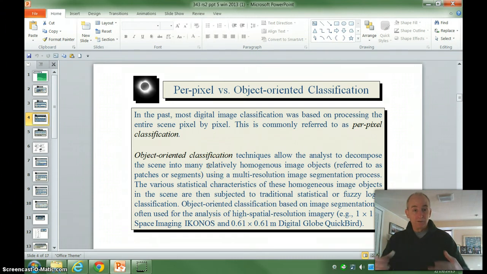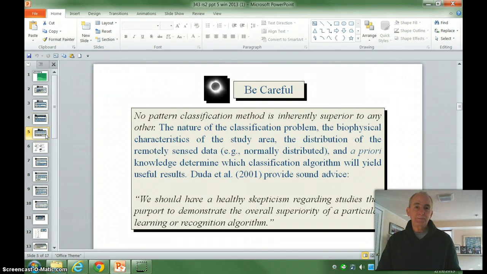Your object is achieved. You have a number of classes that are based on the inherent similarities between pixels across the entire image space.